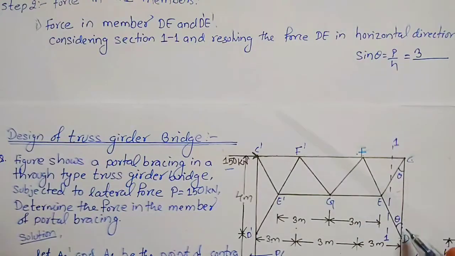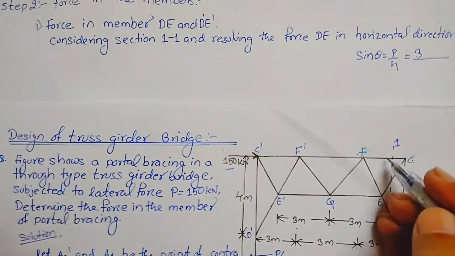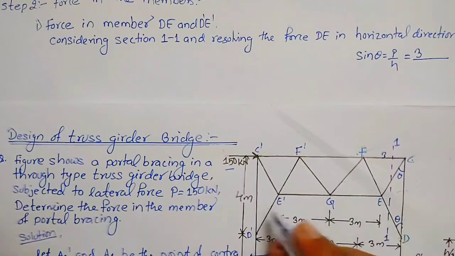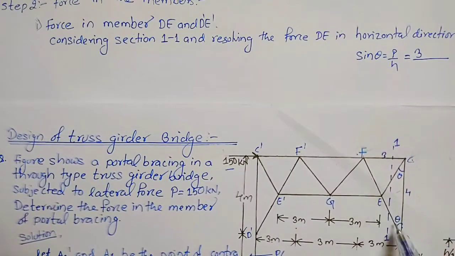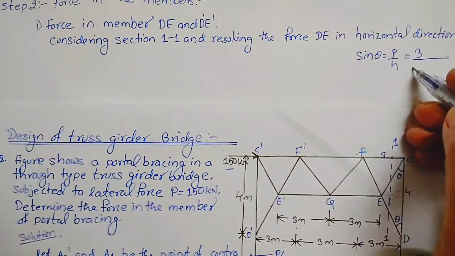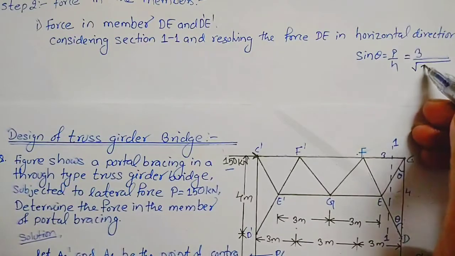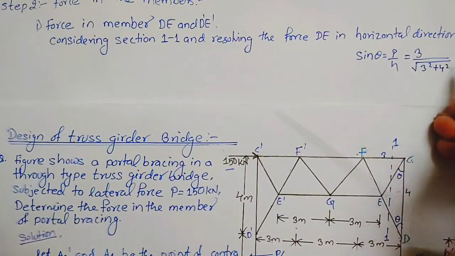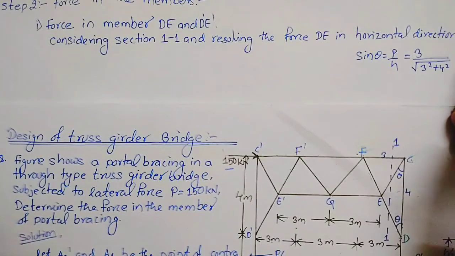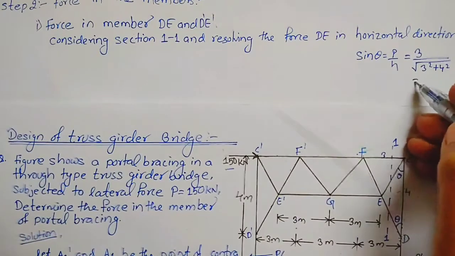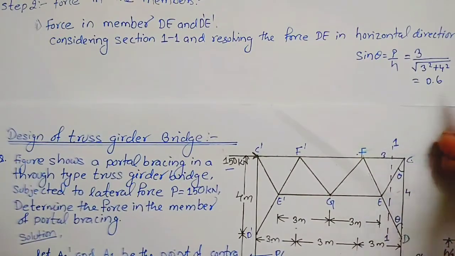This is 3 meter and this value is 4 meter, and we don't know the value of the hypotenuse, so using the Pythagoras theorem we will have H equals root of 3 square plus 4 square, and from here we will get the value of sine theta equals 3 by 5, which will be equal to 0.6.